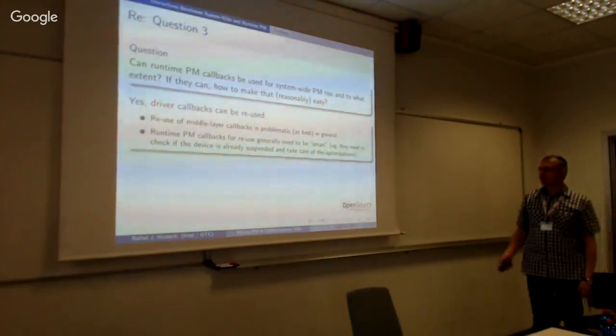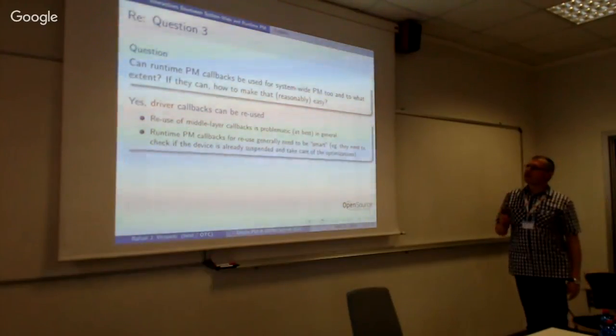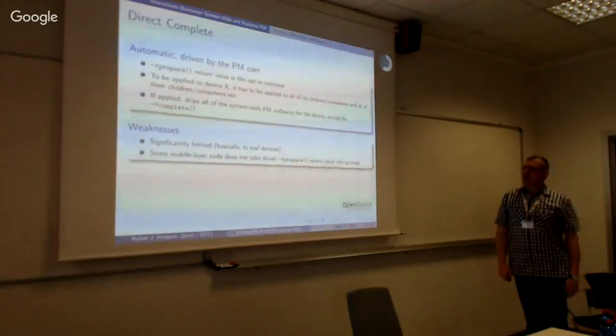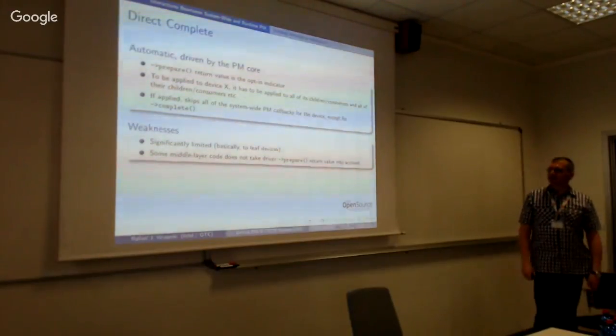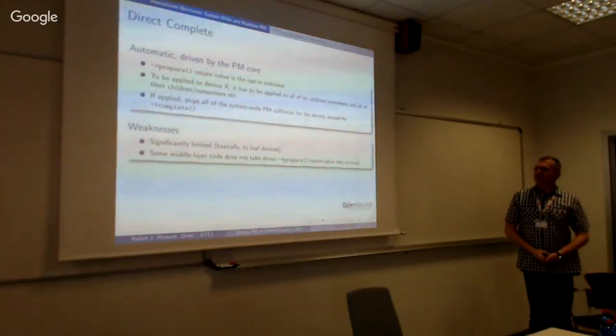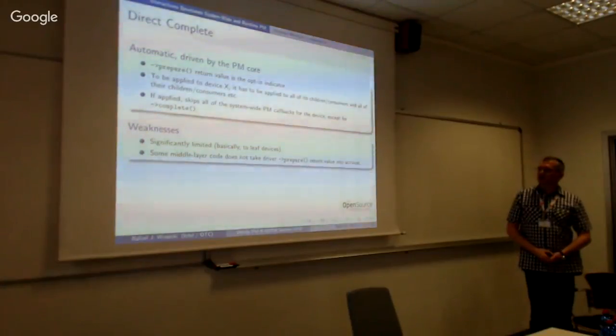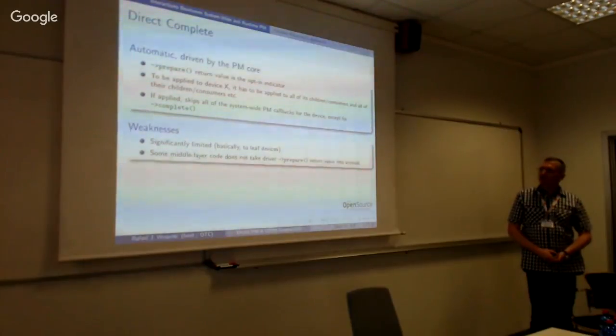Okay, the other things of this. All right, so there are some ways to achieve the goal, which is to optimize suspend and resume of devices. Currently in the existing code, one of them is called direct complete, which is an optimization that checks the return value of the prepare callback.